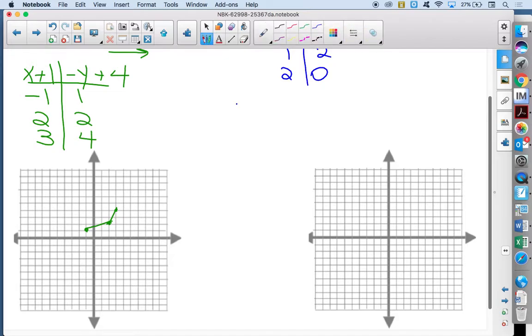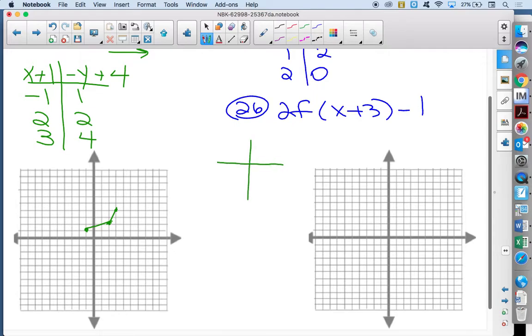So then 26 said 2f of x plus 3 minus 1. So Ethan, what's going on with this graph? How's it moving? x is x plus 3. Okay, so the only thing that's happening to the x is we're subtracting 3, because it's moving to the left.